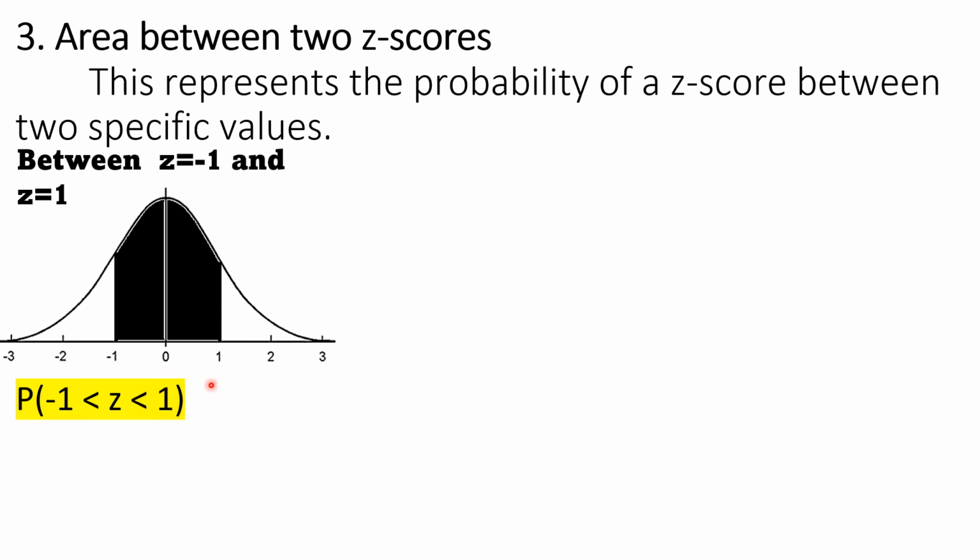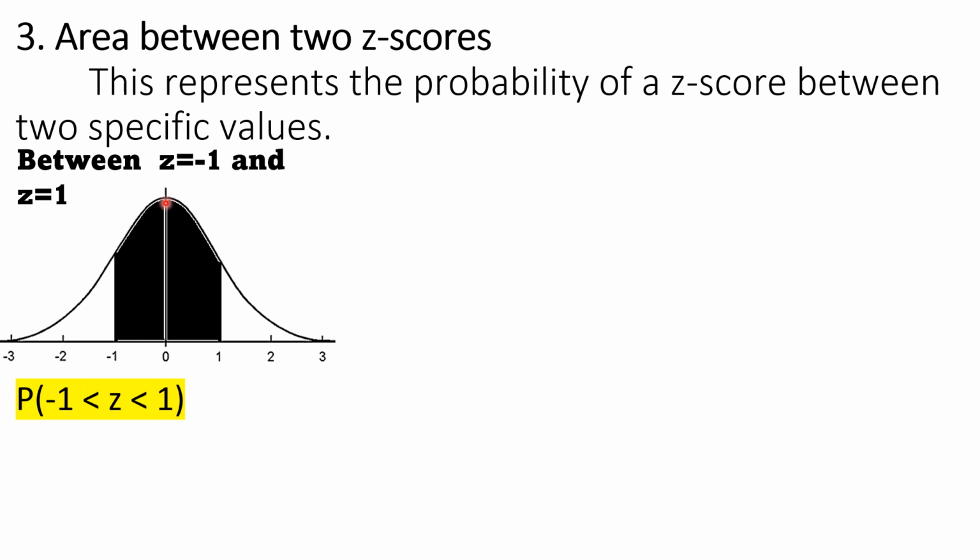And to find the area, you will no longer deal with 0.5 because it's under case 3. What you will do is you get the area of the first z-score and the area of the last z-score. So the area of -1 and +1 are both 0.3413.